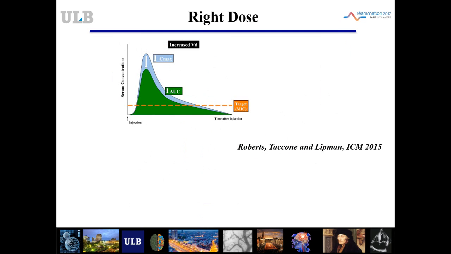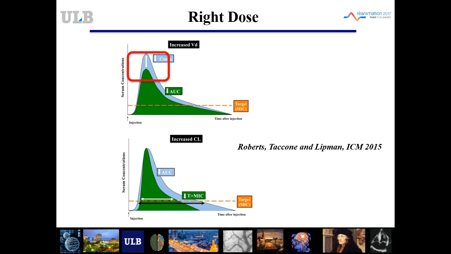What are the consequences? If you compare drug concentration in blue with drug concentration in green, blue is a healthy patient, so less severe infection. Green is a critically ill patient. An increase in volume of distribution will reduce the peak concentration of the drug. Is it important? Yes. If you give an aminoglycoside, the peak concentration will drive the effectiveness of the drug. What happens if the clearance is increased?